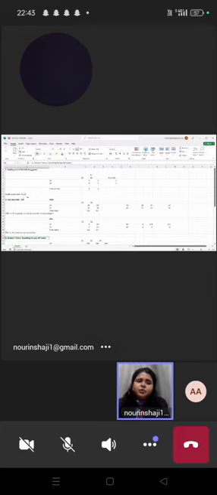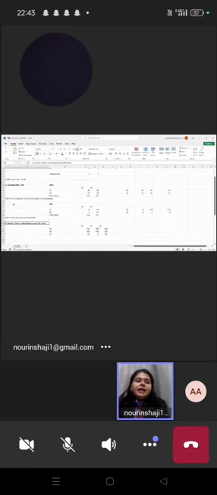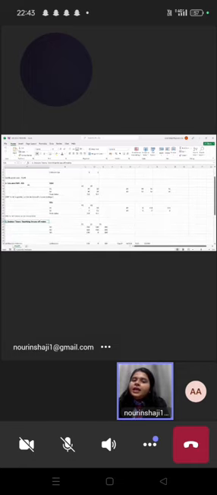So next is calculation of EMV and EOL. EMV means expected monetary value and EOL means expected opportunity loss. Expected monetary value is a decision-making tool used in risk analysis to calculate the average outcome of uncertain events by multiplying each possible outcome by its probability and summing the results.